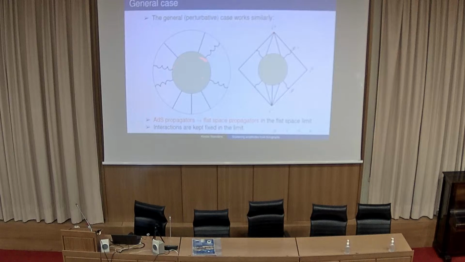So the integrand here maps immediately to the integrand over there. So taking the limit on AdS or in the corresponding CFT directly yields for you the corresponding amplitude in flat space. Okay, so this is the general perturbative case.